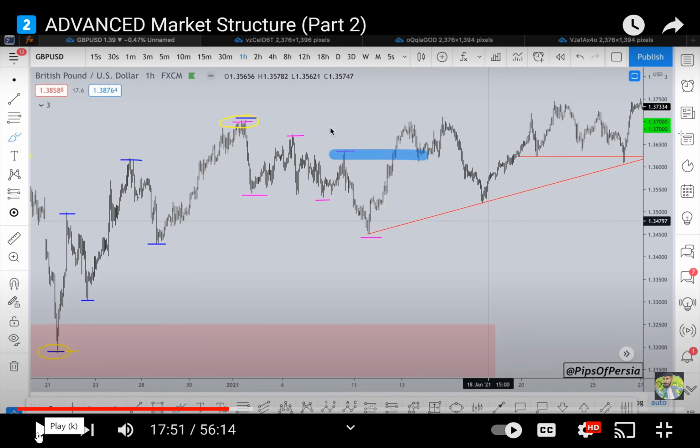It's as simple as that. It's not any complex math equation. It's simply you observing structure and entering the trade based off of price action respecting the market structure.